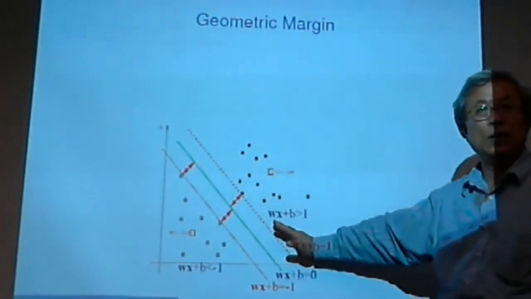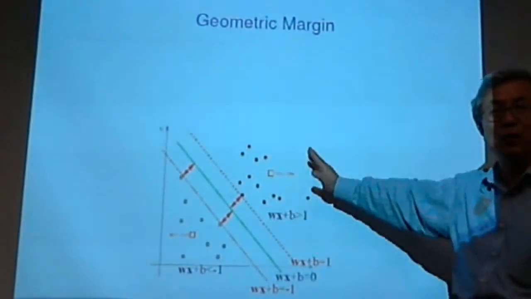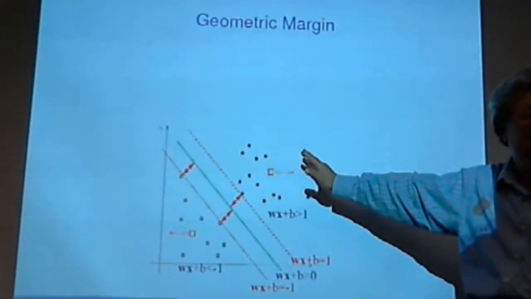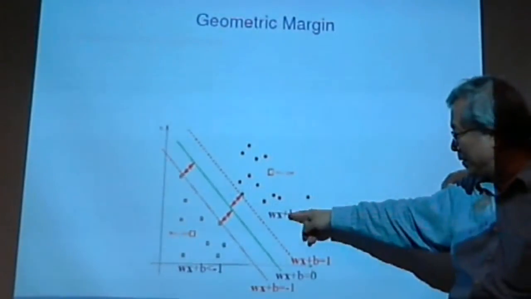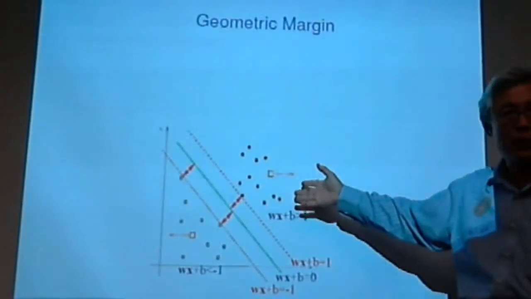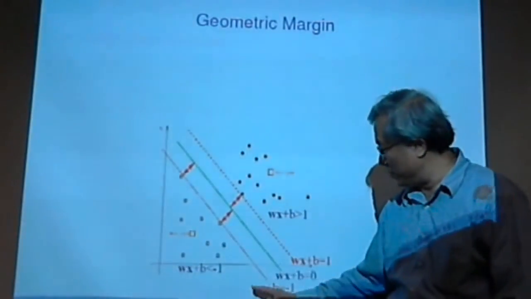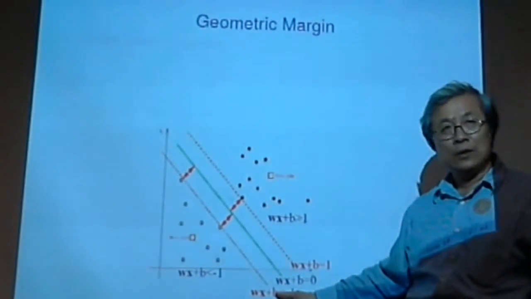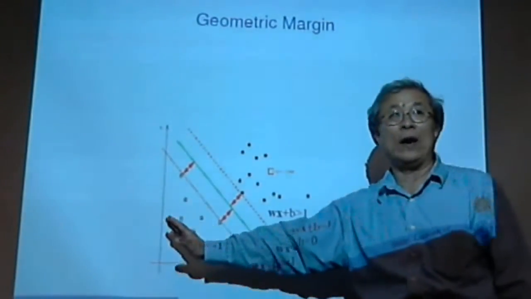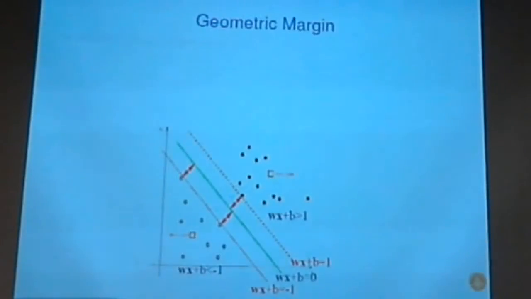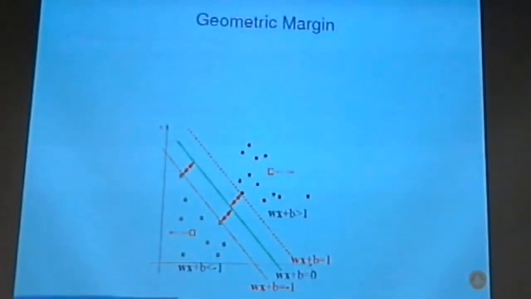All the class here have yi equal plus 1, so positive 1 times something greater than or equal to 1 is greater than or equal to 1. On this side, w transpose x plus b is less than or equal to minus 1. Here, this is exactly equal to minus 1. But all the yi values here are negative 1, so the result is greater than or equal to 1. So it's based on that.